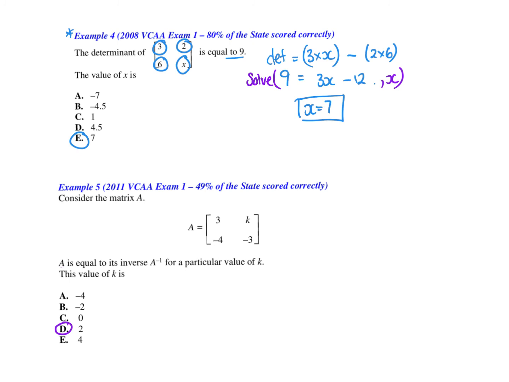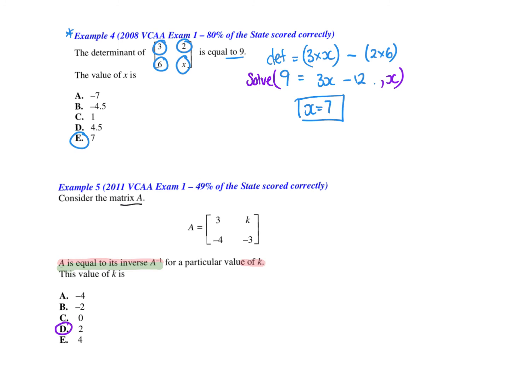Now, in this one here, it says consider matrix A, and A is equal to this. And down here it says if A is equal to its inverse, for which particular value of k. Alright, so really what you need to do is think about this statement here: A is equal to its inverse.